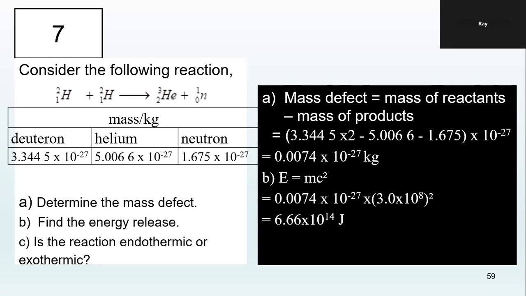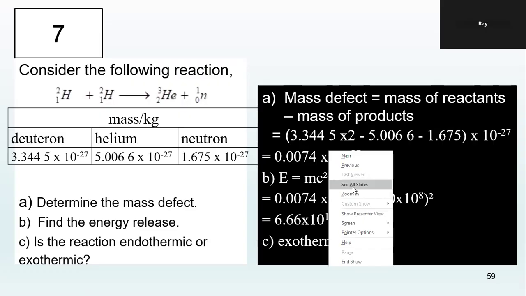Is the reaction endothermic or exothermic? Exothermic, good.